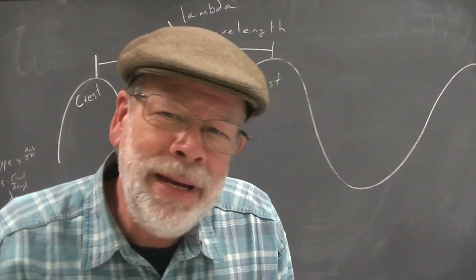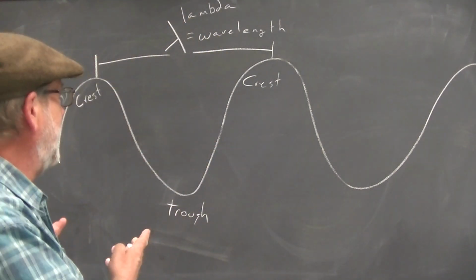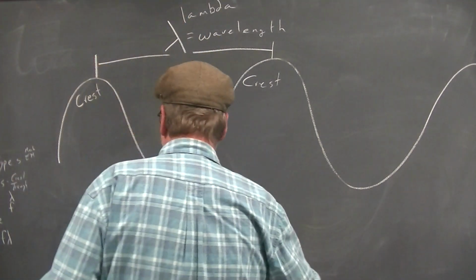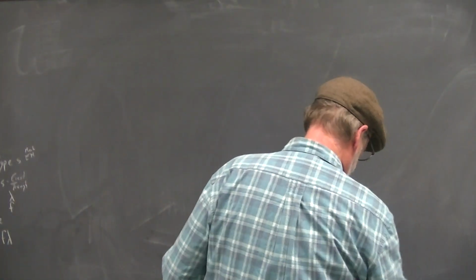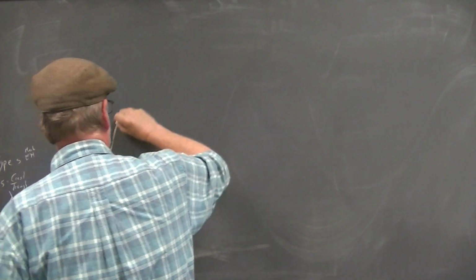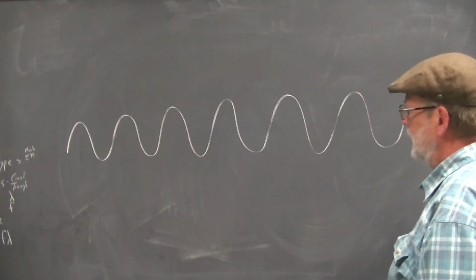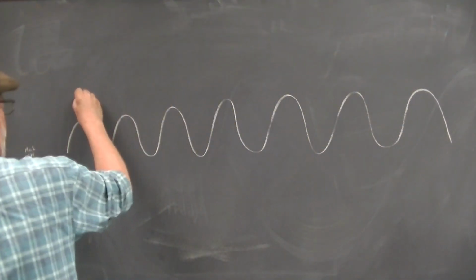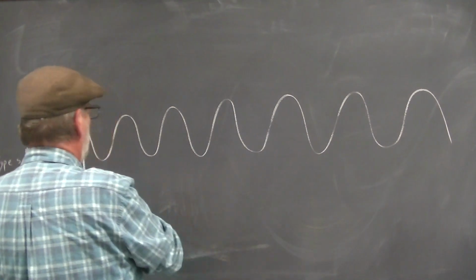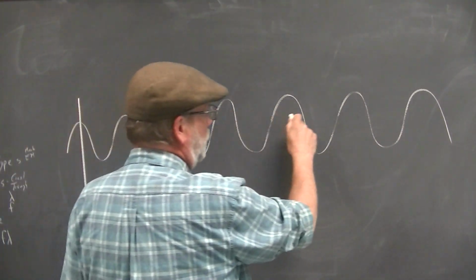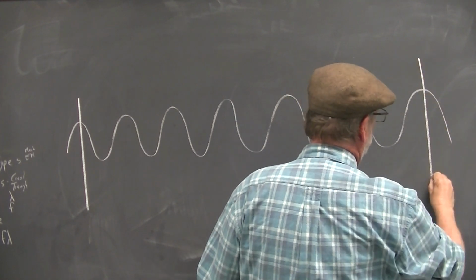Well, the next thing we need to talk about is frequency. Now, it's hard to do that with a static drawing, but you'll have to use your imagination with me a little bit. How about we're talking a wave train like that, and from this time, that wave is moving out. 1, 2, 3, 4, 5, 6.